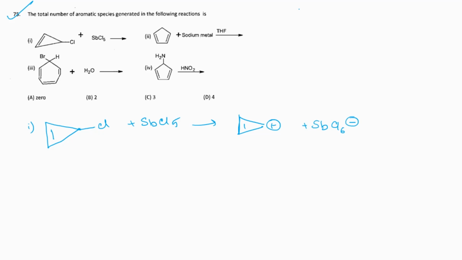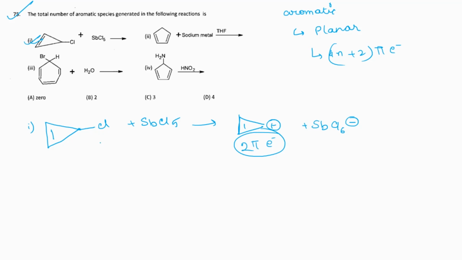Now just see, in order to be aromatic, you need to be a planar species. You need to have 4n plus 2 pi electrons. So see over here, it has 2 pi electrons. That means it satisfies the 4n plus 2 rule and is planar as well. So this is my aromatic species.